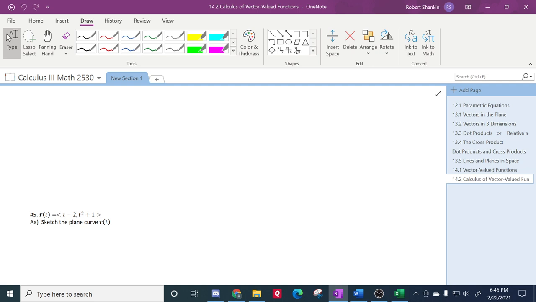So go to your group chat and just type in how to proceed. How do you draw the plane curve r of t in this case? And discuss that briefly.